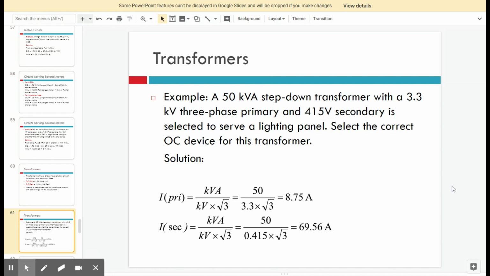So we have to identify the suitable overcurrent device for this transformer. In order to calculate, you have to understand the transformer.